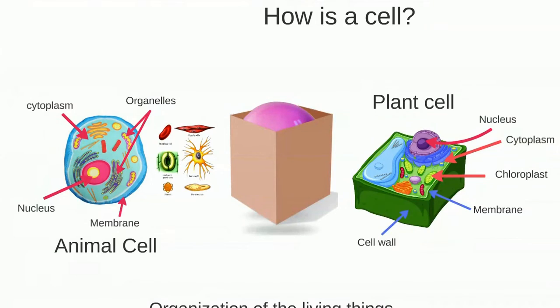So maybe you can wonder why we have the cell wall in plants and we don't have this cell wall in animals. The most important function of the cell wall is that we can put one cell beside the other. I can put one box, another here, another here, another here, and they are going to keep their structure.